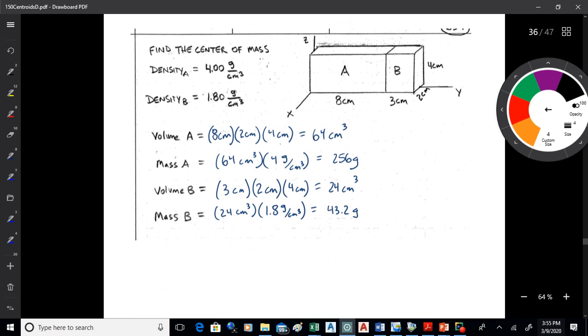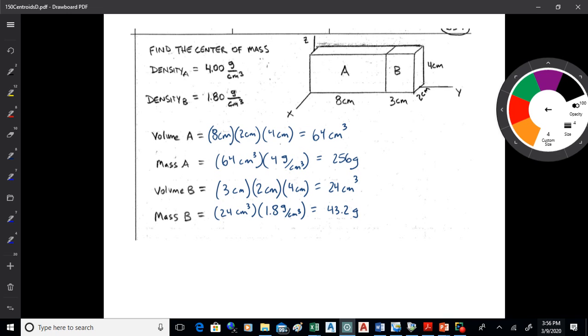So what we want to do is find the masses of each object. Find the volume first. They're just rectangular prisms, so you just multiply the dimensions together. 8 by 2 by 4 for the A, 3 by 2 by 4 for B. Then multiply those by the two different densities and you get masses.